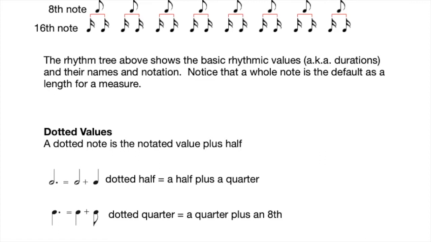So you notice how the 16th notes have 2 flags or 2 beams. Here the eighth notes have 1 flag or 1 beam. And I just wanted to point that out so there's no confusion, that this actually means the same thing as this. The reason that we would have one or the other just has to do with where they show up in the measure and whether they're part of the same beat or if they're staggered over multiple beats.